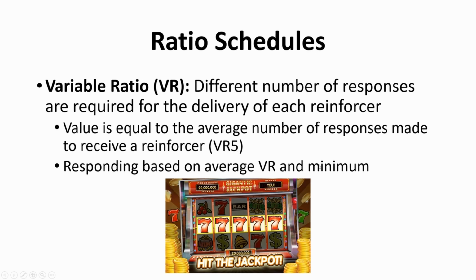So with our VR 5 example, if the minimum is 1, then you would see pretty much continuous lever pressing because it doesn't take a lot of presses to get a reinforcer, and it can happen as soon as the very next trial after you've received reinforcement, so there tends to be lots and lots of lever pressing.